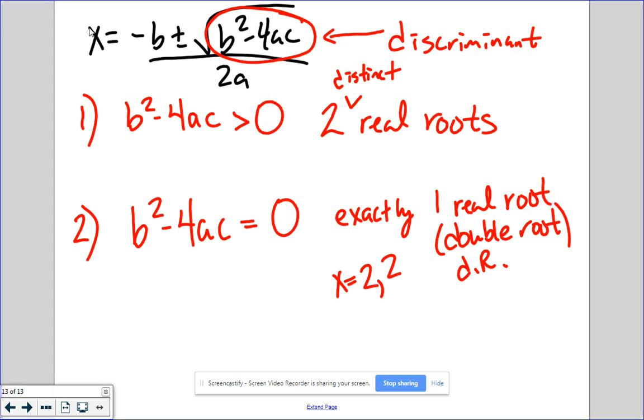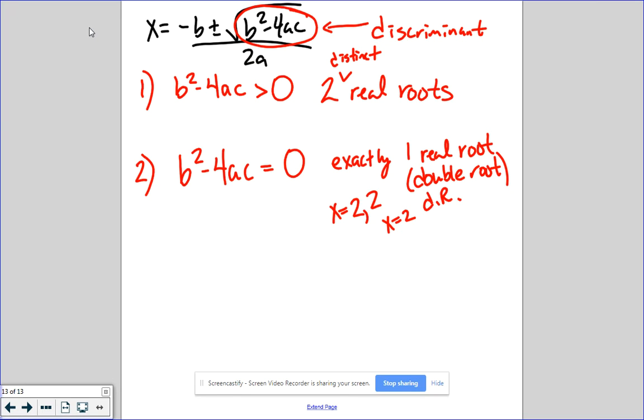You can either write it like that, or just say x equals 2 d.r. That means double root, and it simply means I'm getting the same answer twice. If you prefer to just write it out, that's totally fine by me as well.